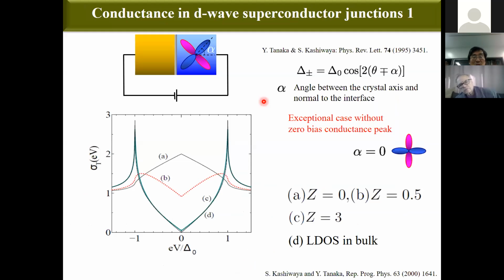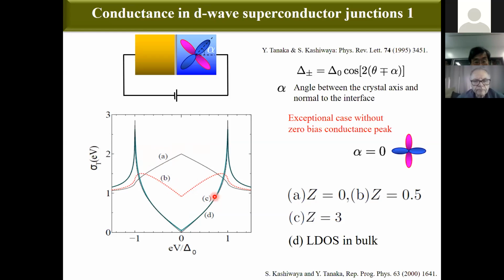So let's apply the formula for various orientation angles alpha. Alpha equals 0, as seen from here. With the increase of the barrier potential, the conductance changes like that. It is quite similar to a spin singlet S-wave superconductor, because the inner gap conductance is suppressed with the increase of Z. In this case, there is no surface Andreev bound state.